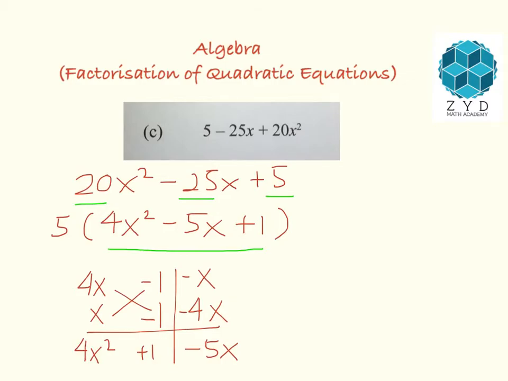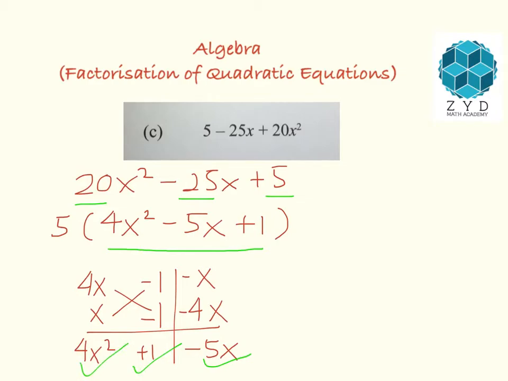So let's do a check. Minus x plus minus 4x is minus 5x, so yes, this is correct. And minus 1 multiplied by minus 1 is positive 1, so this is correct. And 4x times x is indeed 4x squared.